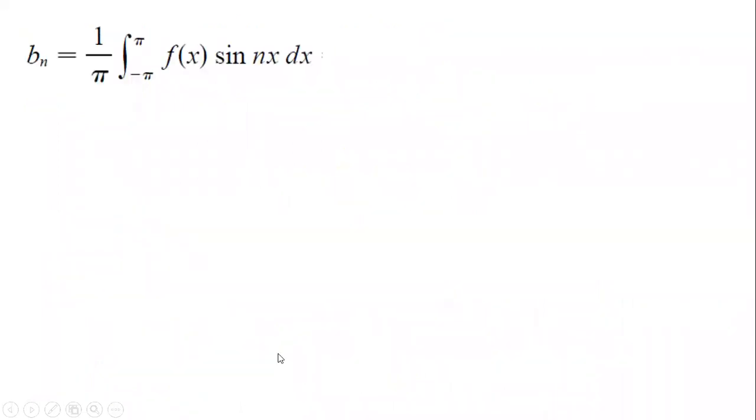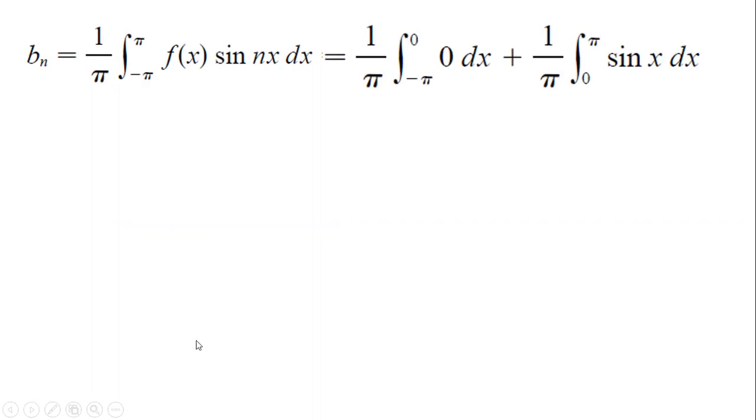Okay, so the last coefficient, b sub n. We have this formula. This will give us 1 over pi times the integral from negative pi to 0, where our function is defined as 0, times sine nx, so this gives us 0 times dx.